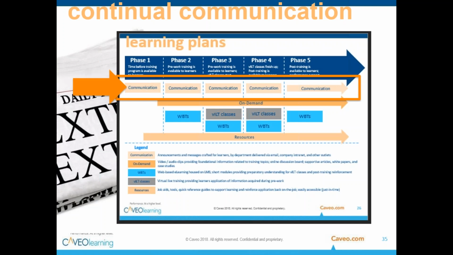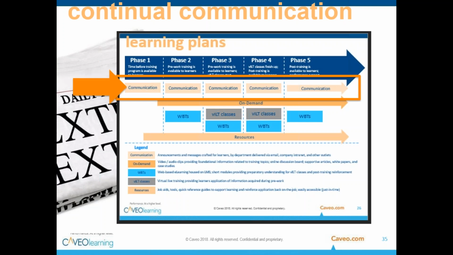It can be as simple as a collection of scheduled messages that are delivered via the right channel for your particular organization, for those learners, for that audience. Maybe it's emails. Maybe it's on your company bulletin board, or even other social media outlets that your company uses. The important part here is that the learner is informed as to what to expect for the learning journey in a consistent and clear manner.